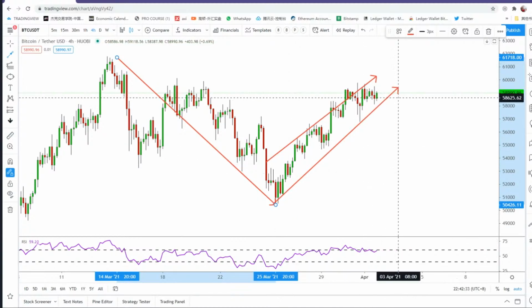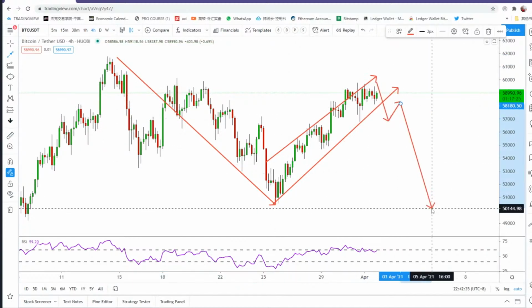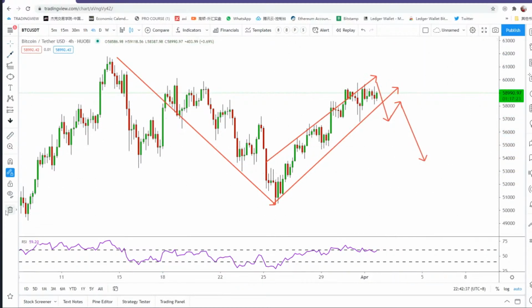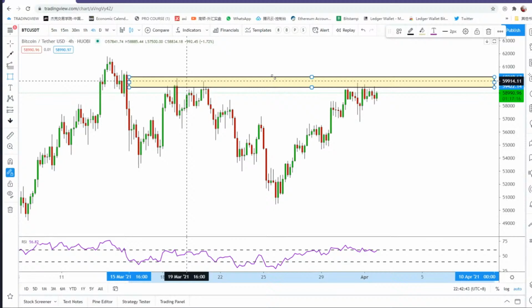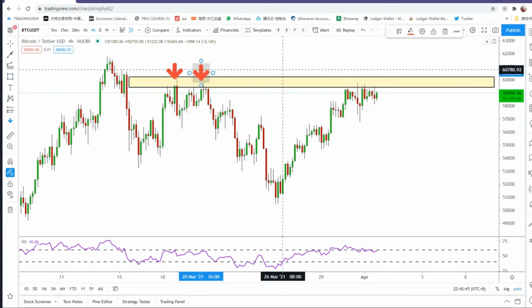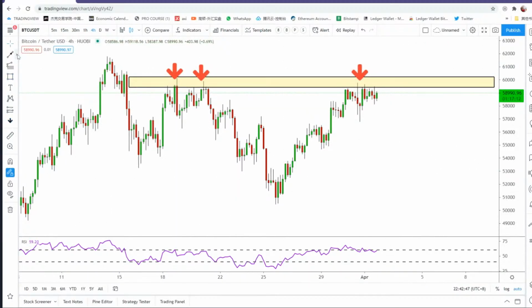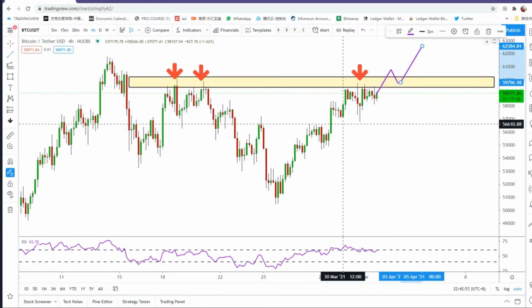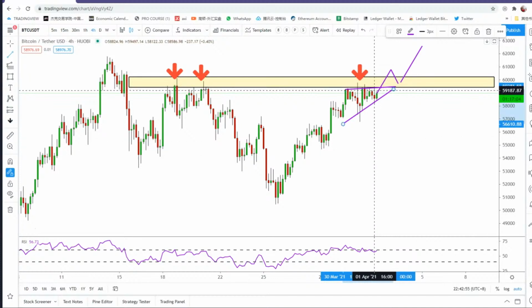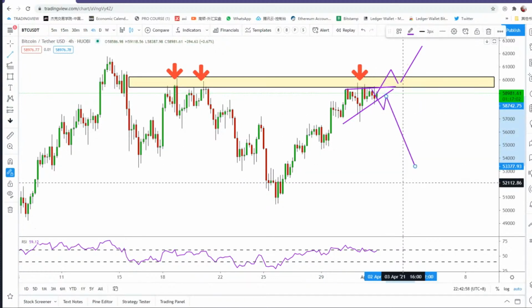So this channel was very important. If the channel was broken down, it will just drop dramatically. And it's testing the previous high. It's testing this 60K. This is a strong resistance, really. So just kindly wait for the confirmation. It either is a breakup and may go up even more, or it is a wedge, broken down and falling.